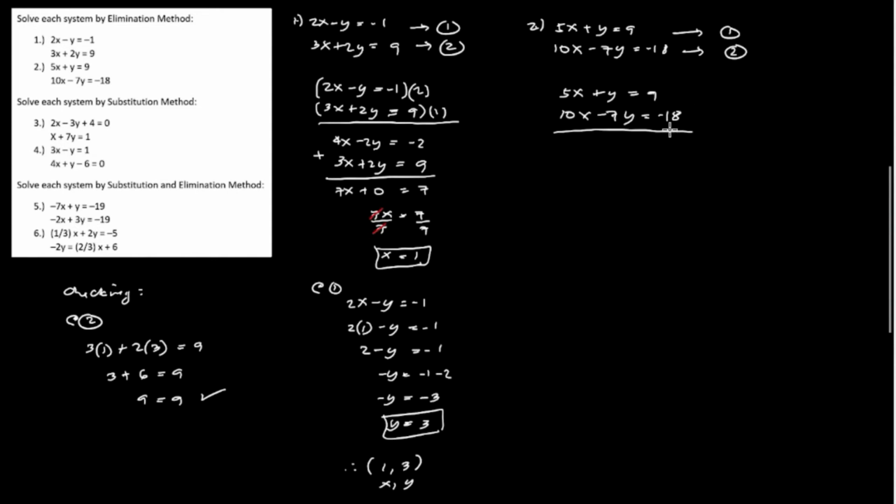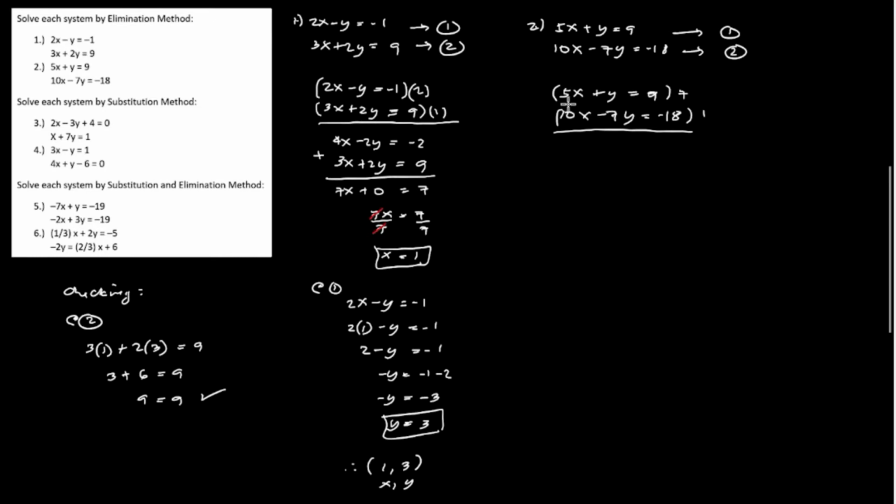You can eliminate the variable x or variable y. For this case, we will multiply equation 1 by 7 so that plus 7y and minus 7y cancel out the variable y. So we multiply equation 1 by 7 and equation 2 by 1.